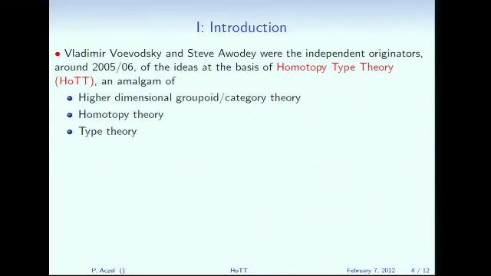Okay, this is a relatively new subject. Voevodsky and Awodey were the independent originators around 2005-06 of the ideas at the basis of homotopy type theory. It's an amalgam of higher dimensional groupoid category theory, homotopy theory, and type theory. Now, I'm pretty familiar with various formulations of type theory and its syntax and semantics, but I must say I'm pretty unfamiliar with homotopy theory.